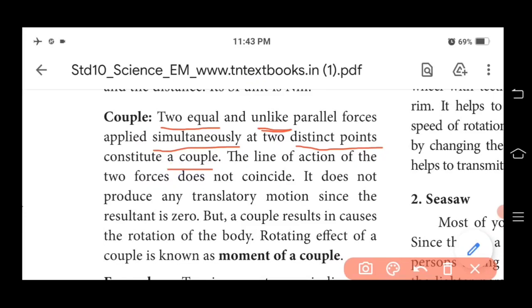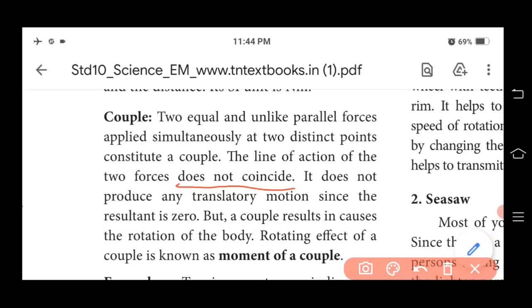So this is the definition of couple. Here the lines of action of the two forces do not coincide. Very important, they should not meet together.